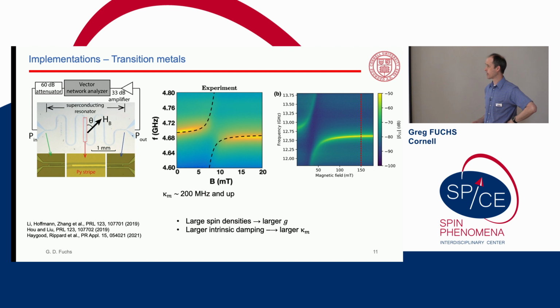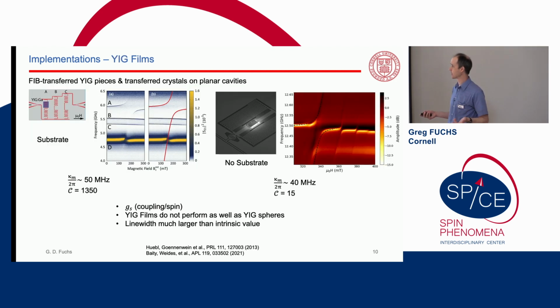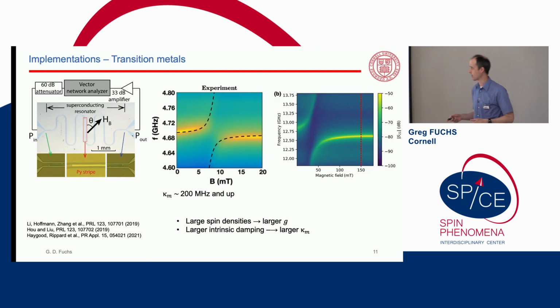Now, another comment that I will make is you can go to systems that are based on more patternable materials. So the problem with YIG is that it's not really compatible with the superconducting circuit parts. So you can't make good superconducting circuits on top of the YIG, and separating it is a challenge.